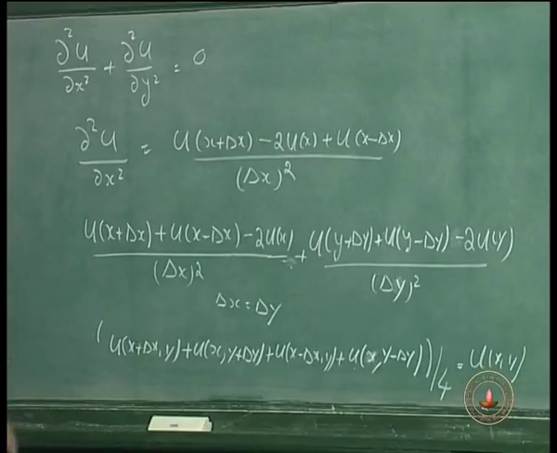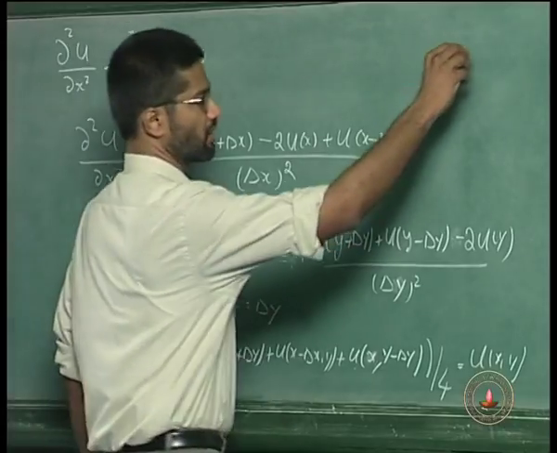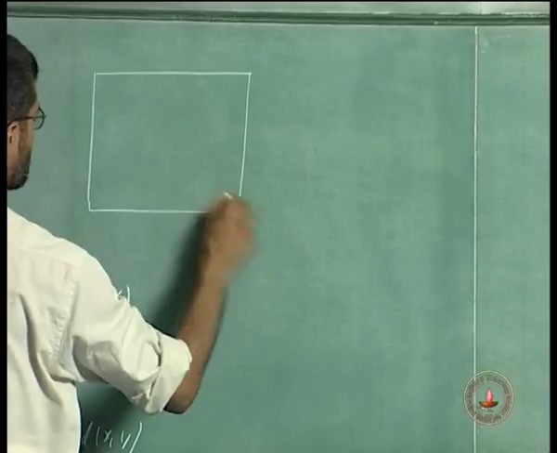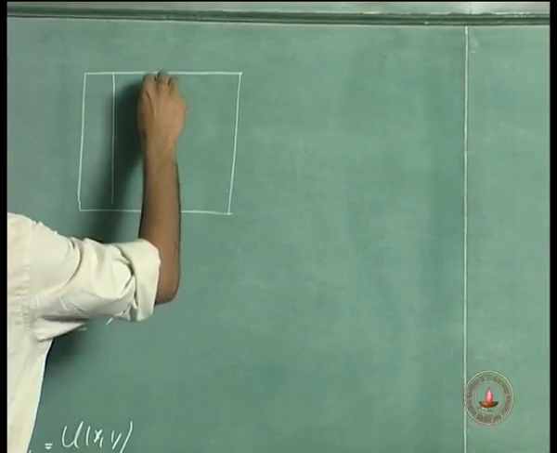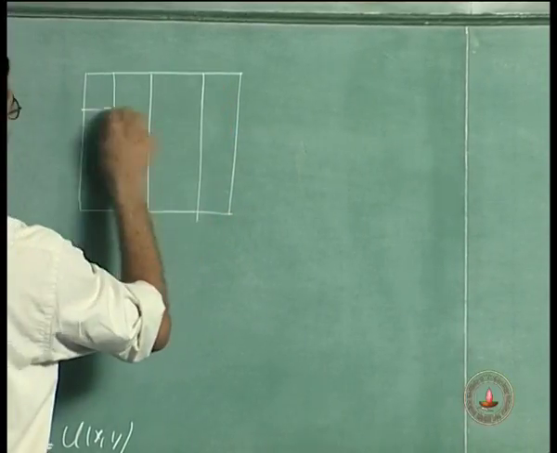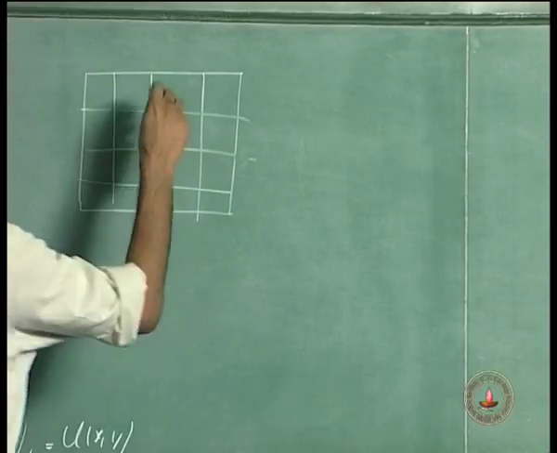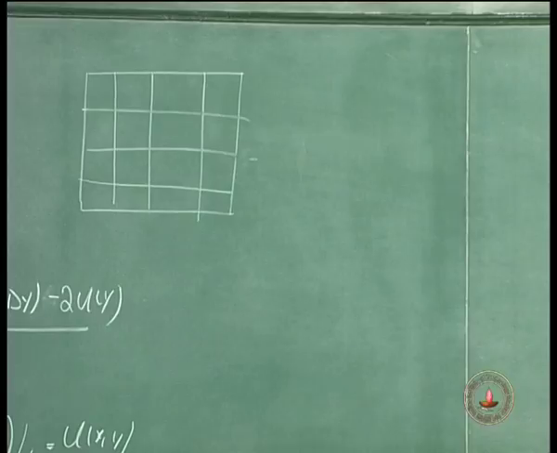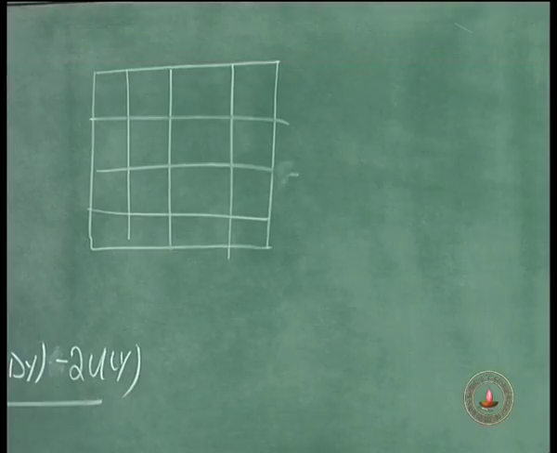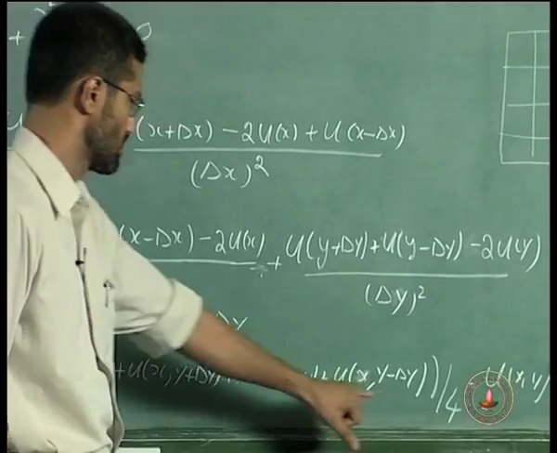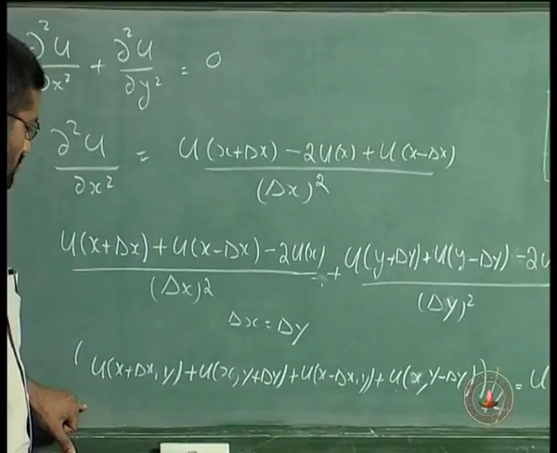That is, to start with, we divide the space into a square grid, and then we had the values specified at each of these grid points to begin with. And then at the next step we would evaluate the values at each grid point by using this procedure, this equation.